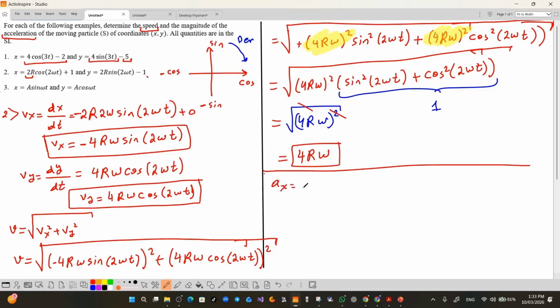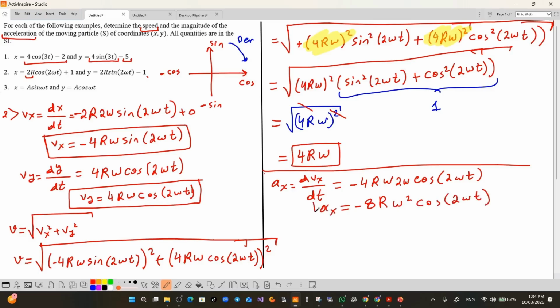The acceleration along the x-axis is the derivative of the Vx with respect to time. Now, the derivative of sine will be cosine. So same sign, cosine 2 omega t. We place outside the derivative of the 2 omega t, and the derivative of 2 omega t is 2 omega. And the answer is 2 times 4 is minus 8 r, omega times omega is omega squared cosine 2 omega t.